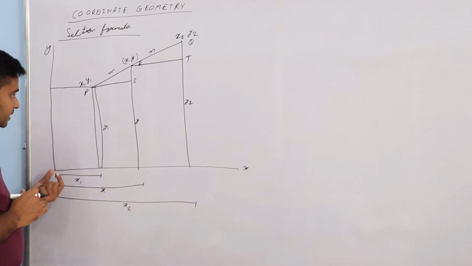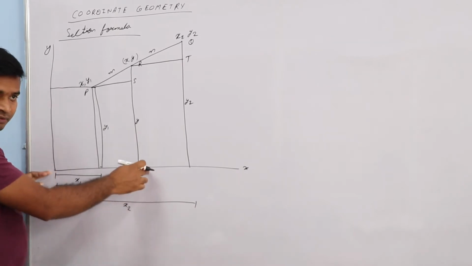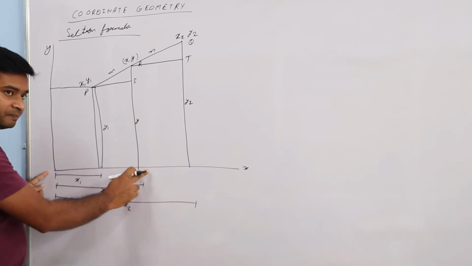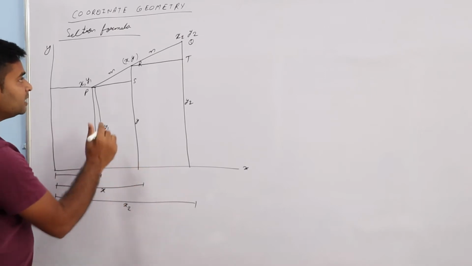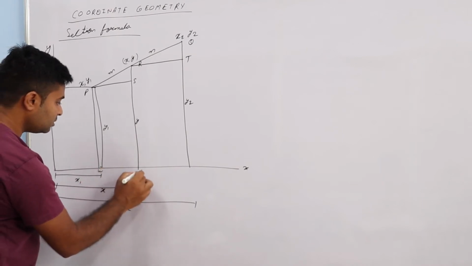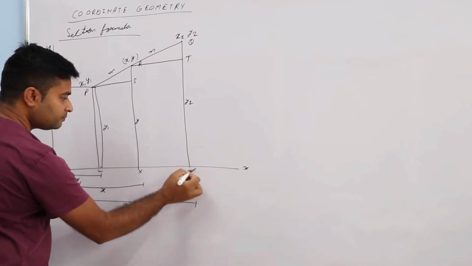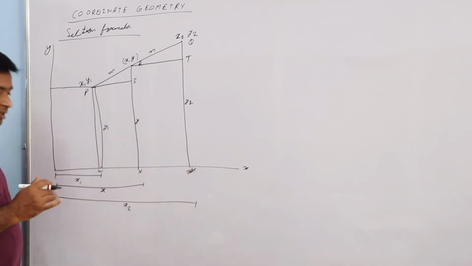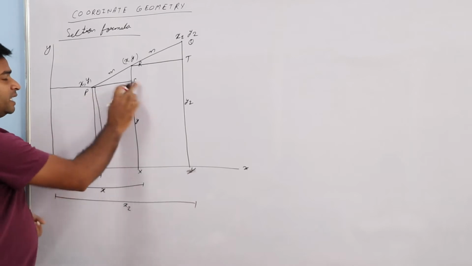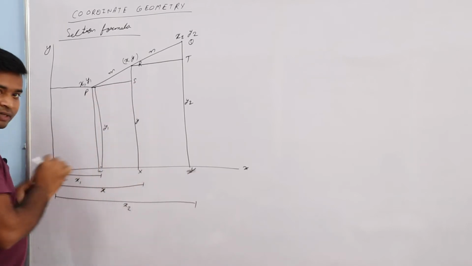PS means, see, total is x, from here to here is x. You can give this also some name, like ST or W, X, Y. Any name you give. So now PS will be x minus x1.